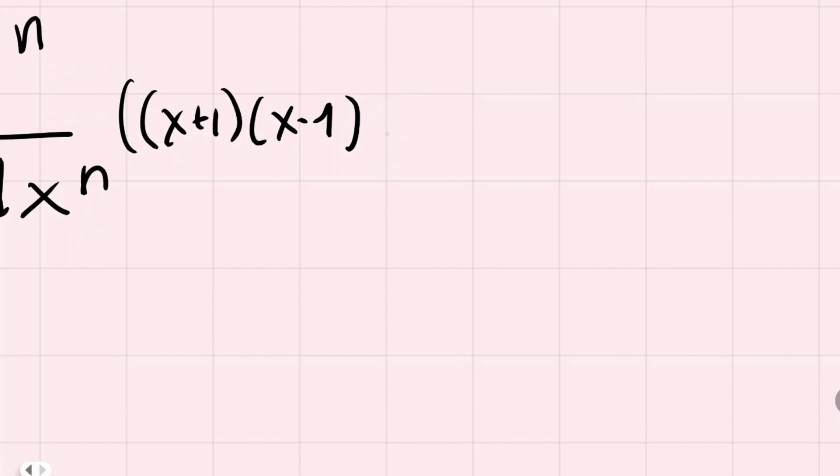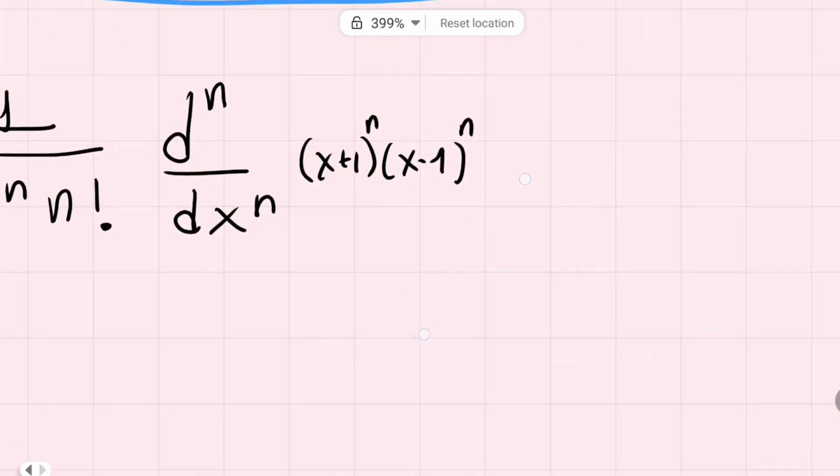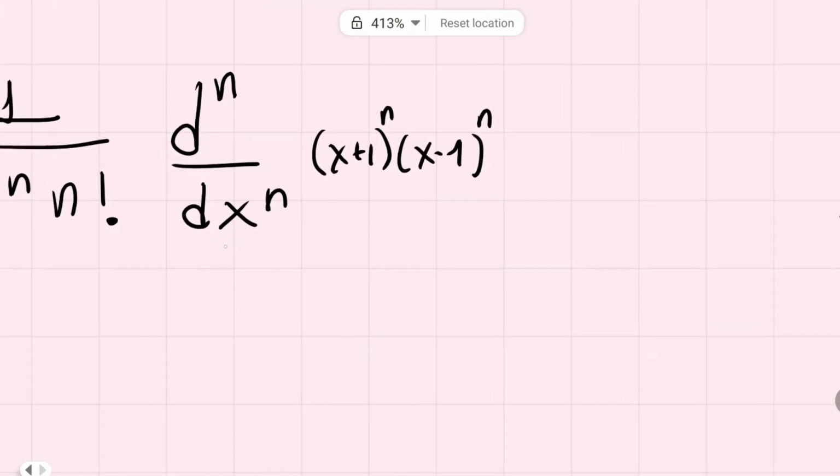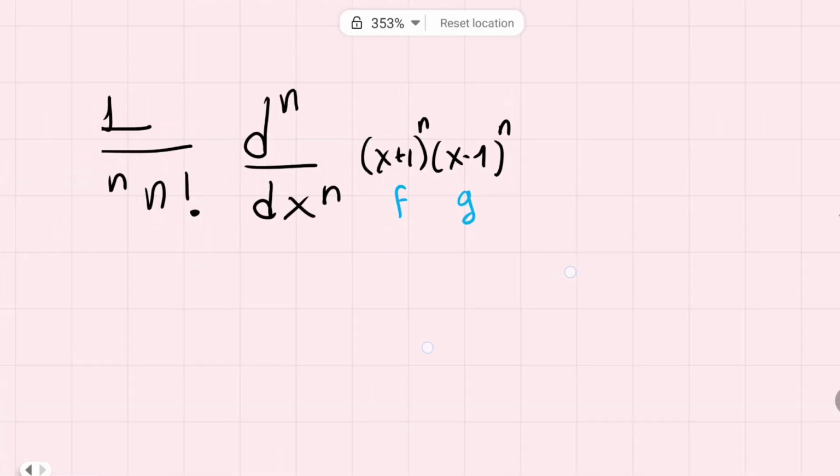So we can just split the n here, okay, and we have the nth derivative with respect to x of a product of functions. In this case, let me name this as f and this as g.